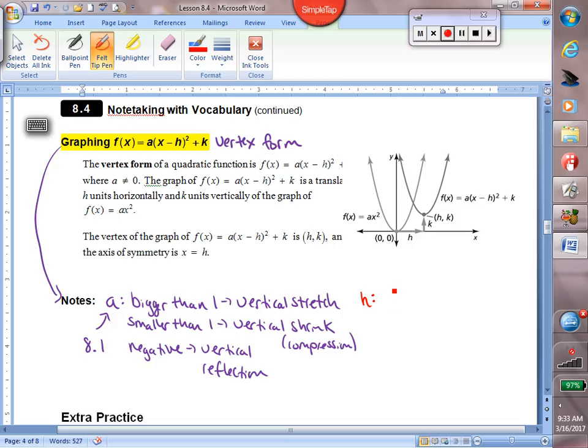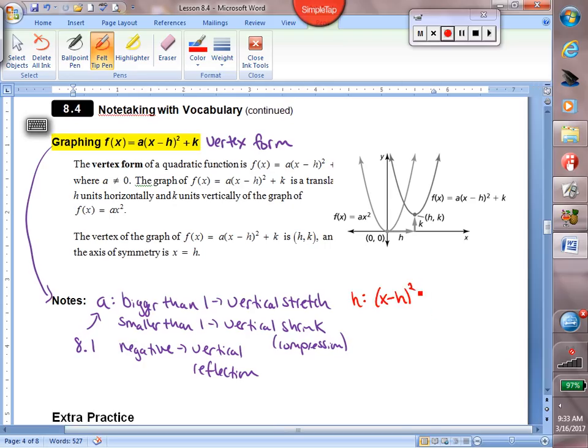When we subtracted h, so when we had x minus h squared, we had a horizontal translation right h units.